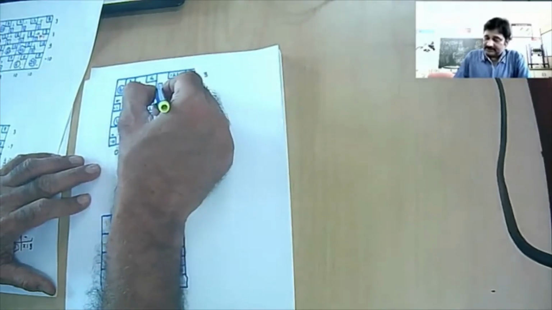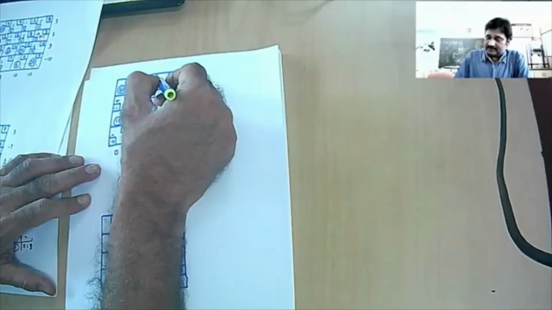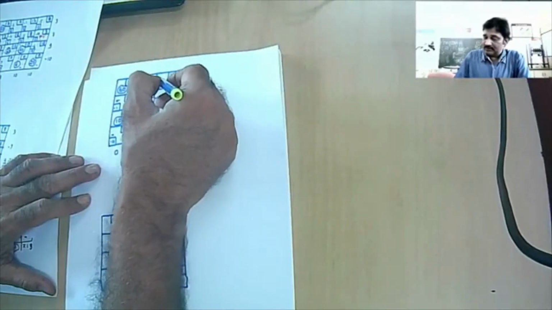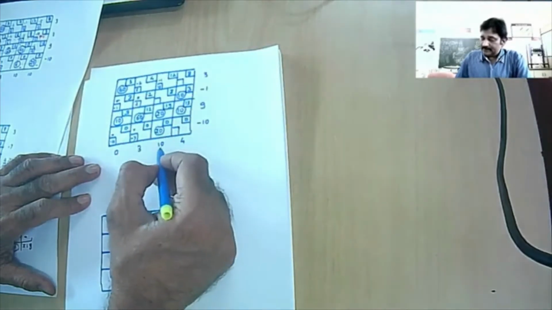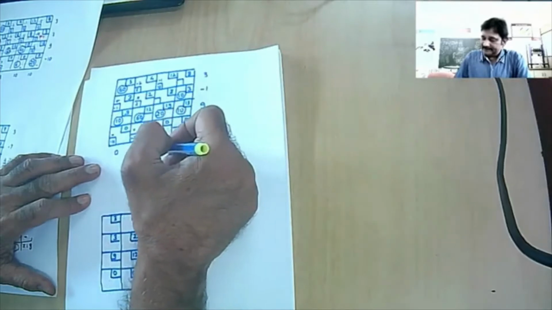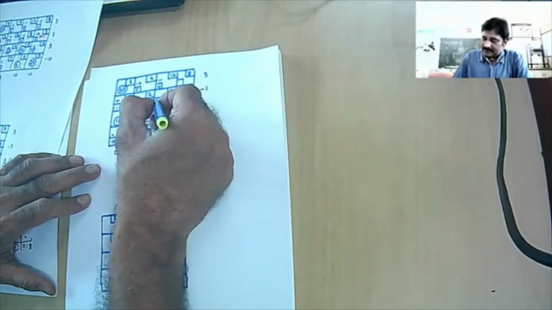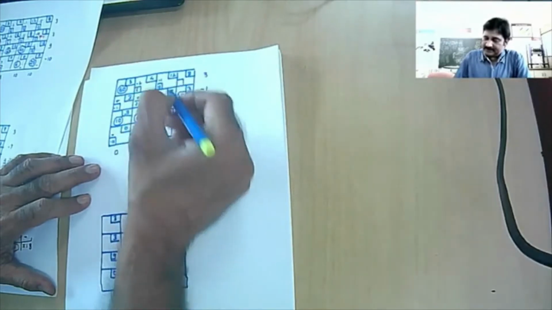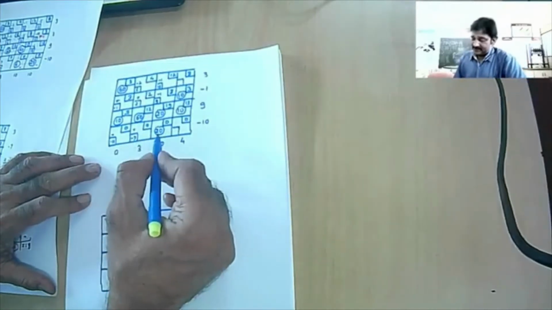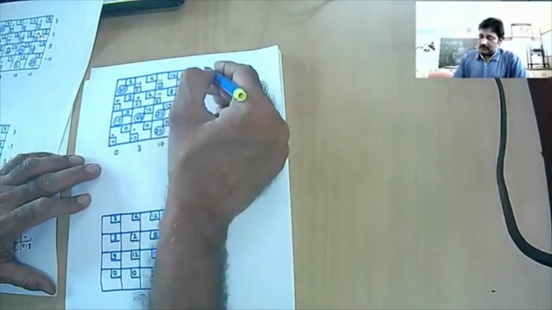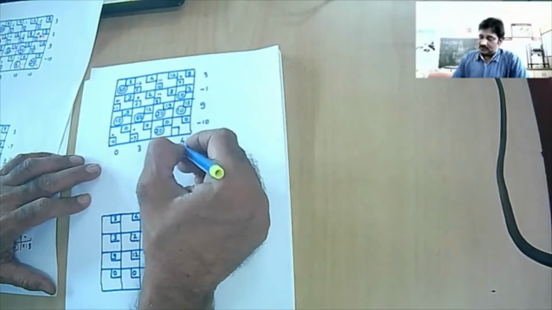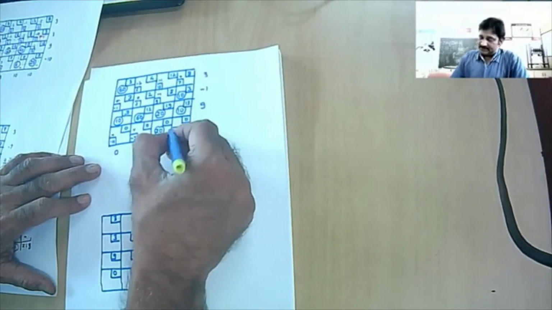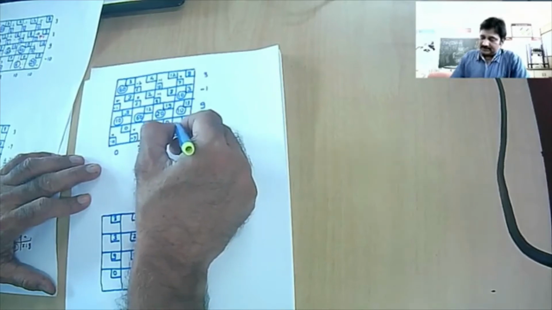Then 13 here, the cost comes out to be 12 minus 13, minus 1. Cost change is minus 1. Then here it is 10 minus 1, 9. So here again the difference is negative, so I am writing its value. Here 4 plus 3 is 7, the difference is positive, and 0 minus 6 is positive again.